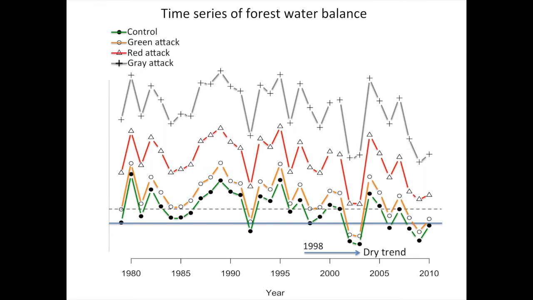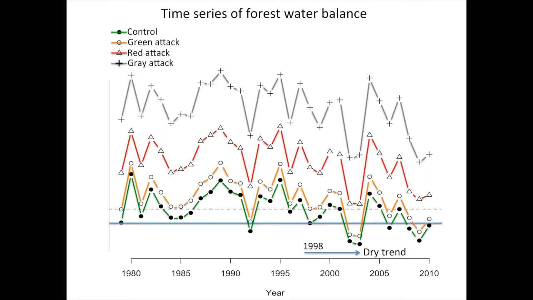You can see the long-term trend over here for the control and the green attack, and once you reach the dry trend, you will see that the relationships are down, right? You actually have the forest under deficit conditions.